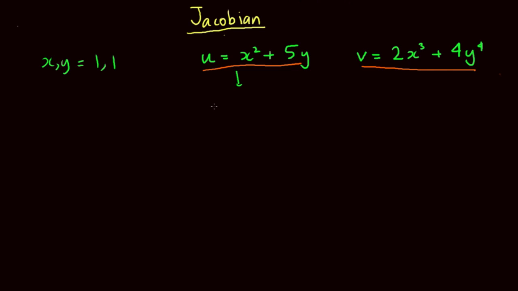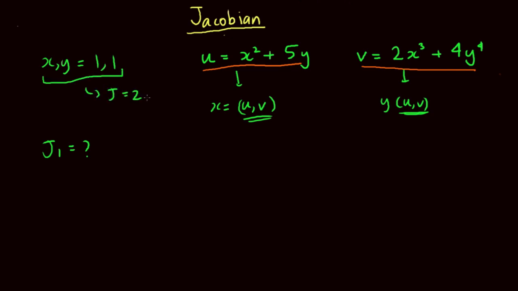You have to find what x is in terms of u and v, and what y is in terms of u and v. You need to find these two, then obviously you can find the inverse Jacobian. For this case we know the Jacobian is clearly 2, so we can say confidently that the inverse Jacobian matrix is equivalent to the inverse of the Jacobian. So let's try to find the inverse in this case.